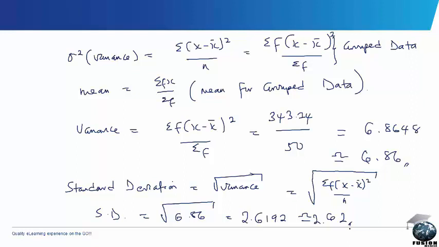So this is how we determine our mean, standard deviation, variance, and so on for grouped data. But if we want to determine the mode, we shall use the following.